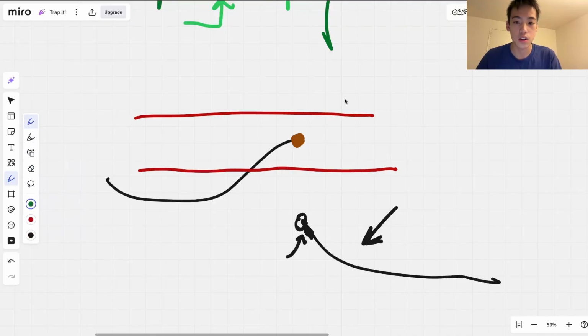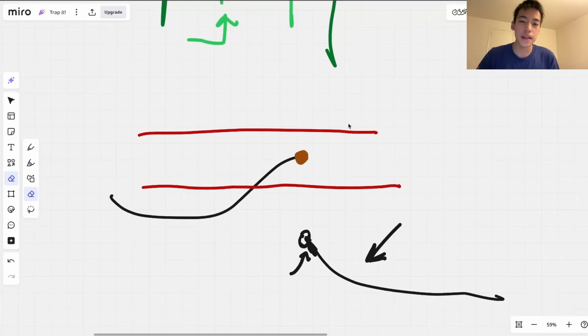There's still going to be some area over here that's just not covered by the function. It just dips down instantaneously at the brown point. So we can't possibly win this game if I give you this pair of red lines.